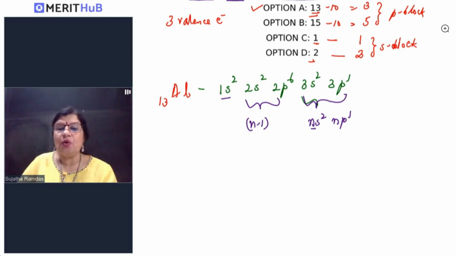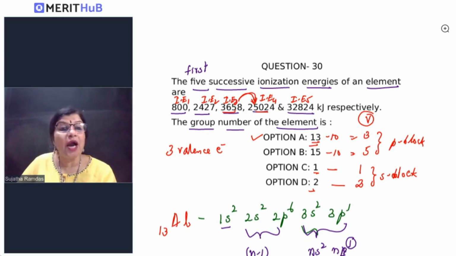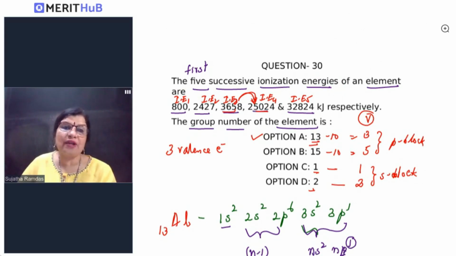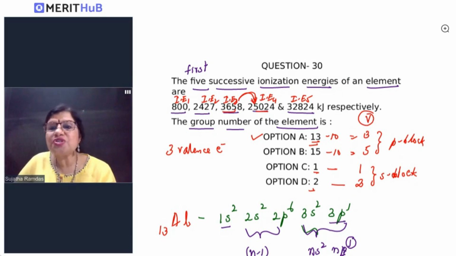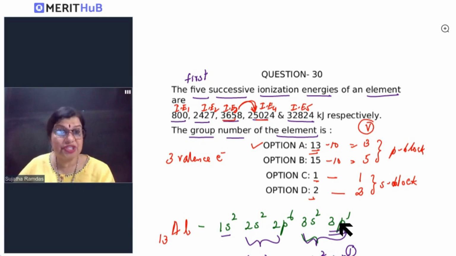All right. Now, look at this. The last electron enters the P subshell of the outermost shell. That's why it is a P block element. Now let's carry on with our discussion of aluminium. The outermost electron is present in 3p. Now the 3p subshell would be in the 3px orbital.